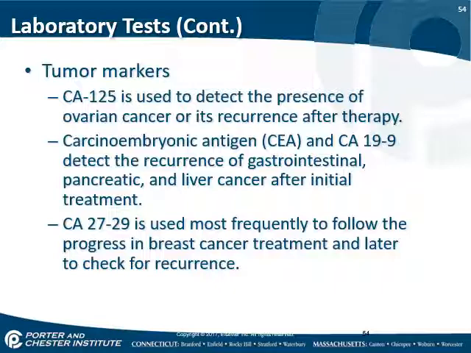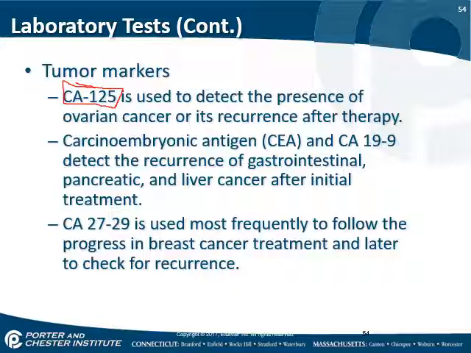So for instance, the CA-125 is used to detect the presence of ovarian cancer or its recurrence after therapy. So a lot of times people who have ovarian cancer that is successfully treated would have CA-125 levels drawn periodically to make sure that the cancer isn't secretly coming back.